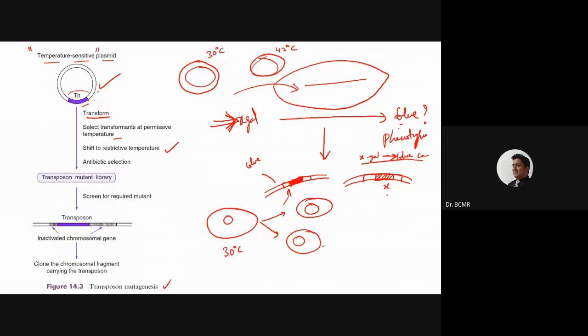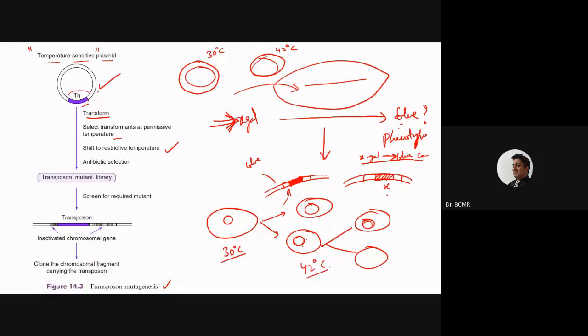But if you change this cell to 42 degrees centigrade, the plasmid cannot replicate in that situation. So it will not come to the progeny. One cell may inherit the already existing one. The other cell is cured of the plasmid, right? That is how one uses temperature-sensitive plasmids.